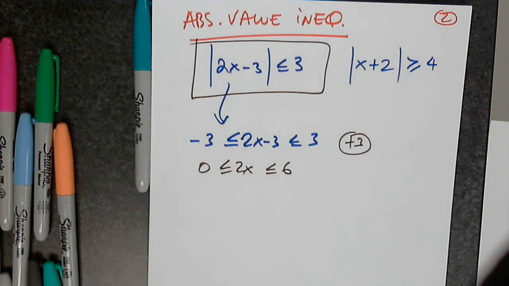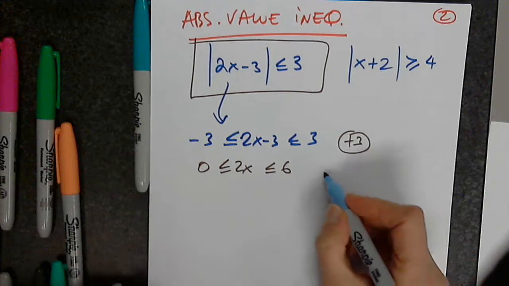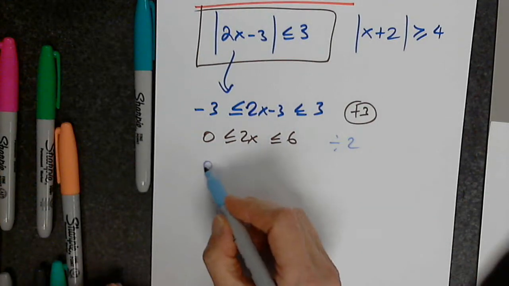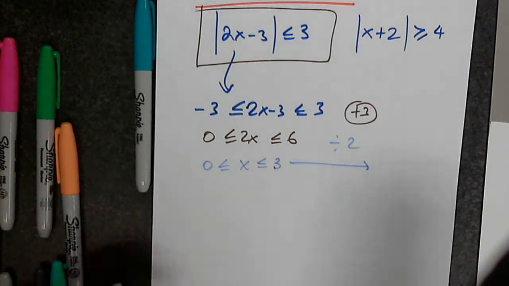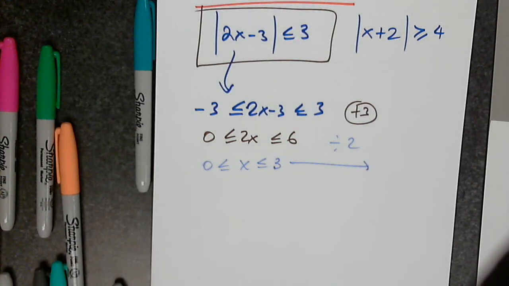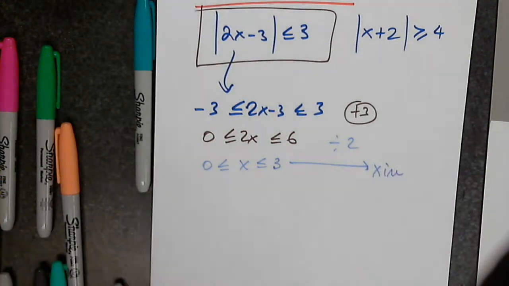And now I have to remove the last link, which is dividing all 3 sides by 2. So I have 0 less than or equal to x less than or equal to 3. In interval notation, how do I write this? So this is x in the interval, bracket 0, 3. Awesome.